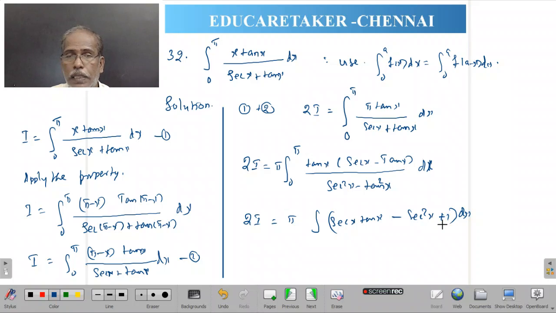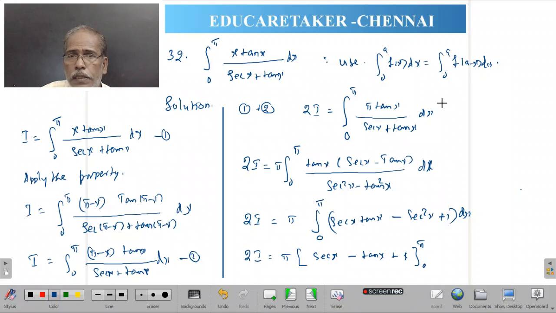Then the integral of 1 dx is x, with lower limit 0 and upper limit pi.